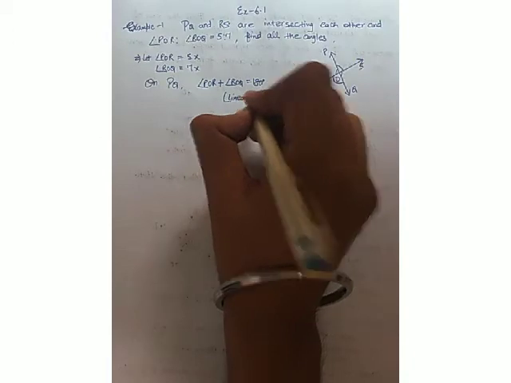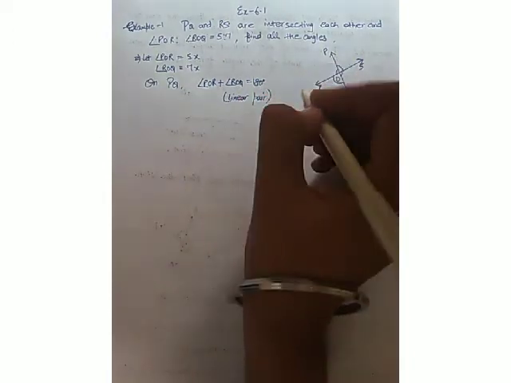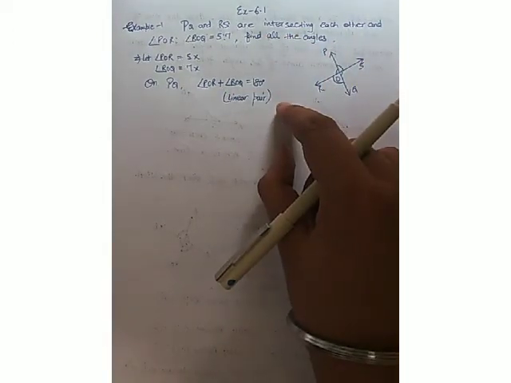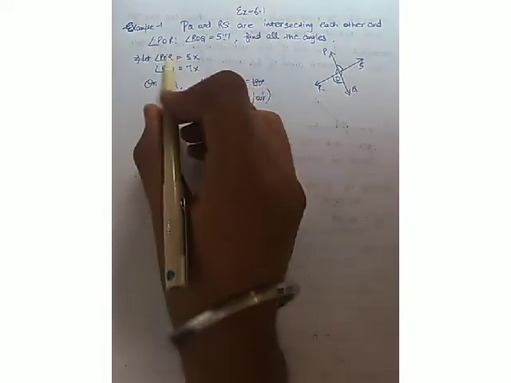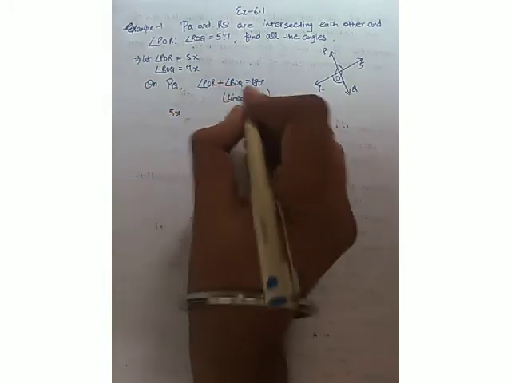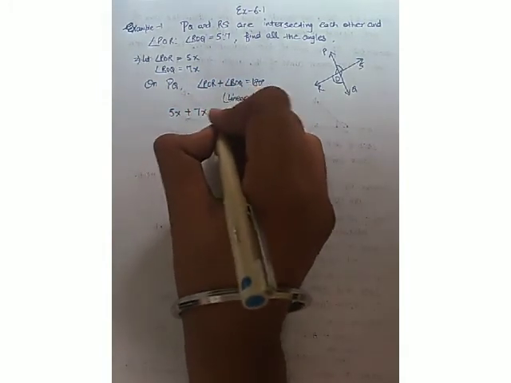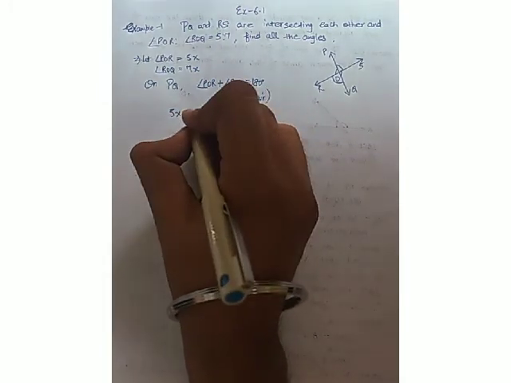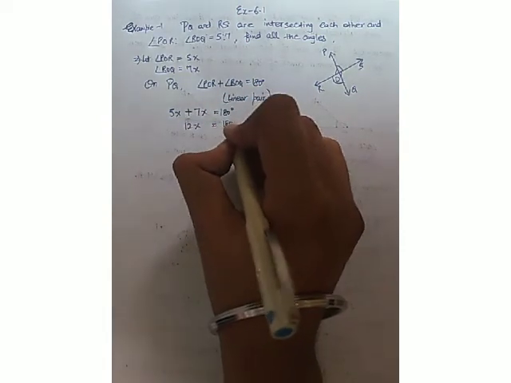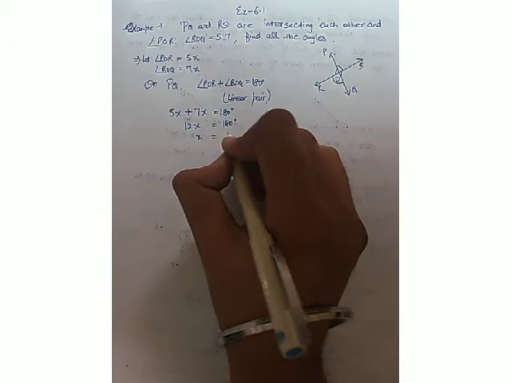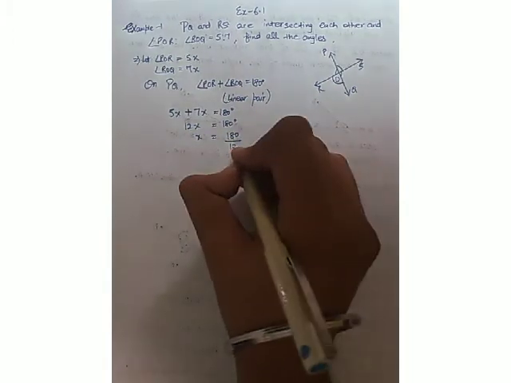Because it's a linear pair. Clear? Now write all of the reasons simultaneously whenever you are writing any equation. Now what's POR? POR is 5x, and what's ROQ? It's 7x, which will be equal to 180 degrees. 7 plus 5, that is 12x, is equal to 180 degrees, and x will be equal to 180 upon 12.